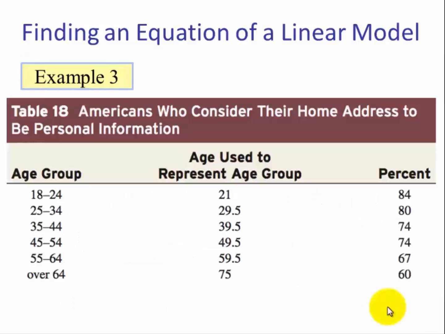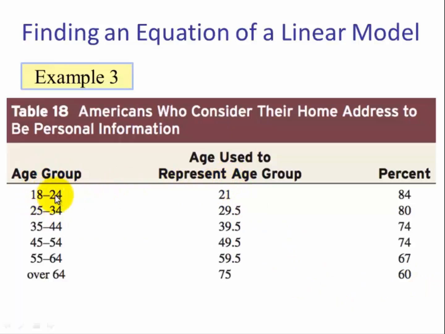So we have our data here. So these are the various age groups. So this is 18 to 24 years of age, 25 to 34, 35 to 44, and so on. Because this is an interval of numbers, we're going to use what's called the midpoint to represent this interval of ages.